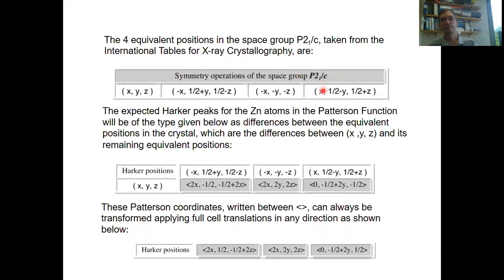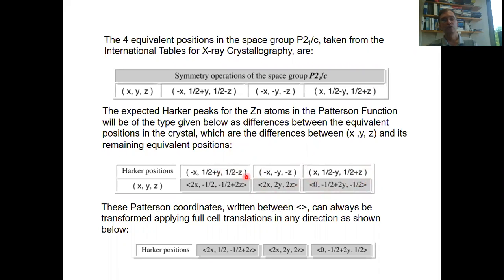So x minus x gives 0, y minus a half minus minus y gives minus a half plus 2y, and z minus a half minus z gives minus a half. So you see that this defines a Harker line. Okay? So that position here is neither a Harker line nor a Harker plane, therefore it's actually not useful for us, but these two are useful.